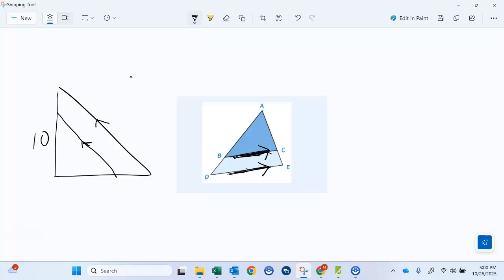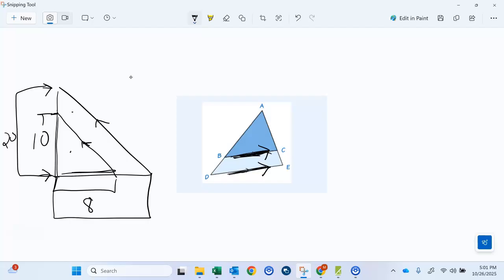So if this is 10, for example, and this whole side is 20 from here to here, whereas this one is 10 from here to here, that means this small triangle is 1/2 of the big one. So for example, let's say this small side here is 8. What corresponds to 8? This whole big side.